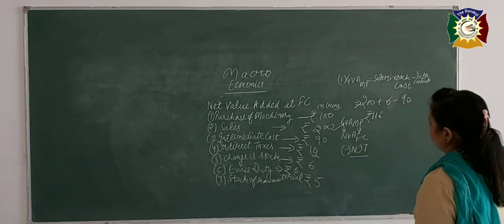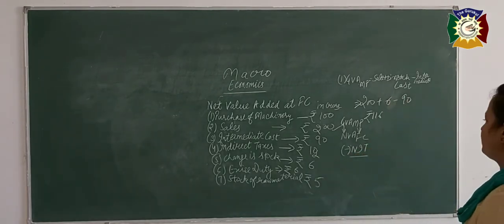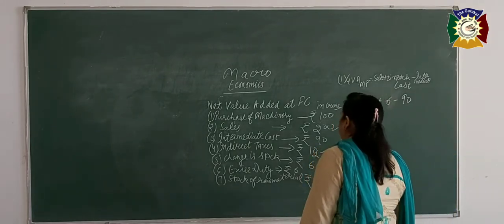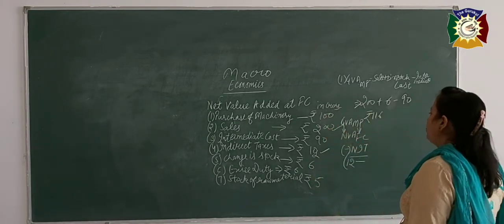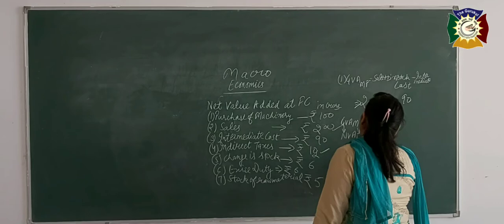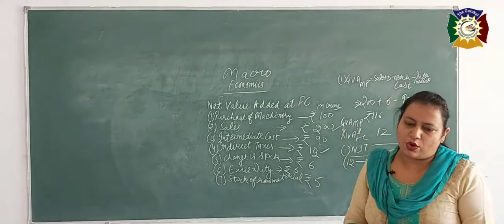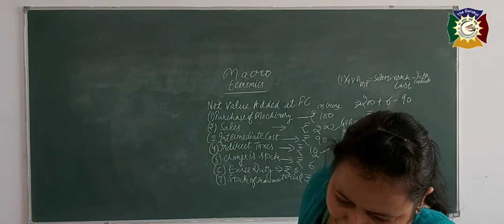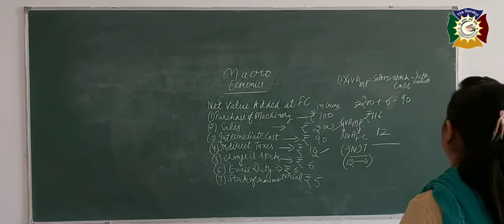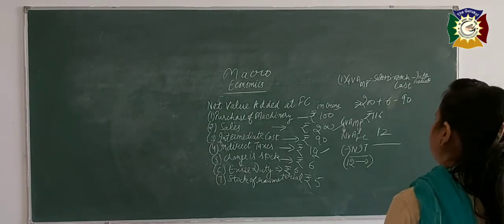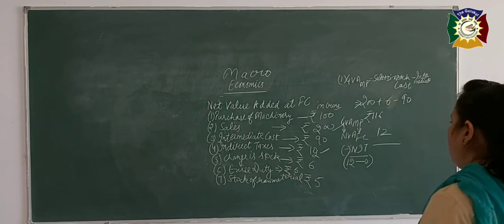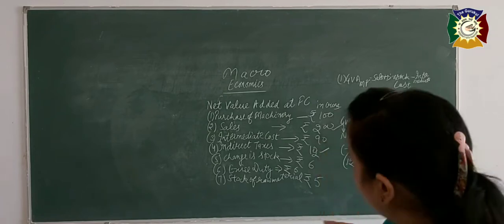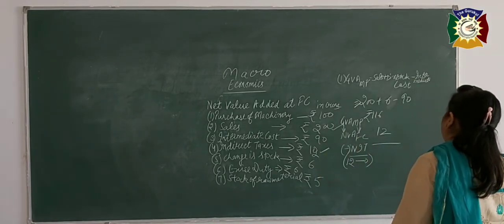And net indirect taxes means indirect taxes minus subsidies. Indirect taxes, I have 12. And subsidies, I have no subsidy. So net indirect taxes will be 12. Okay, here change in stock is given 10 or 6, it's okay.